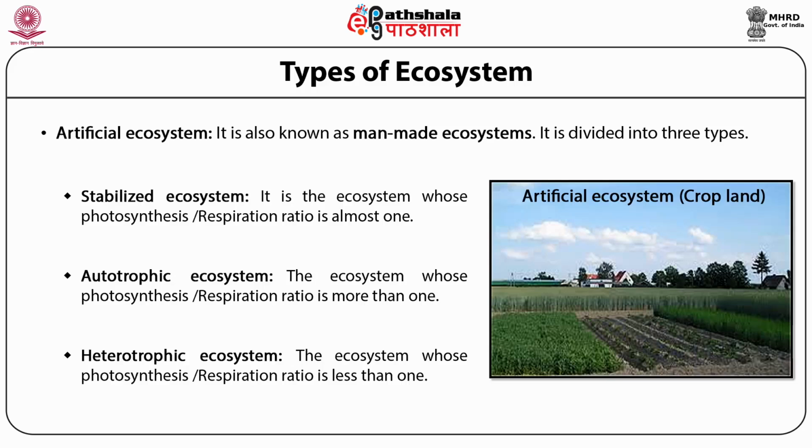These ecosystems are regularly manipulated by humans, in which addition of energy occurs and natural balance is disturbed at particular periods of time. For example, croplands like rice fields, sugarcane, wheat fields, maize, gardens, cities, villages, aquarium, and many more.